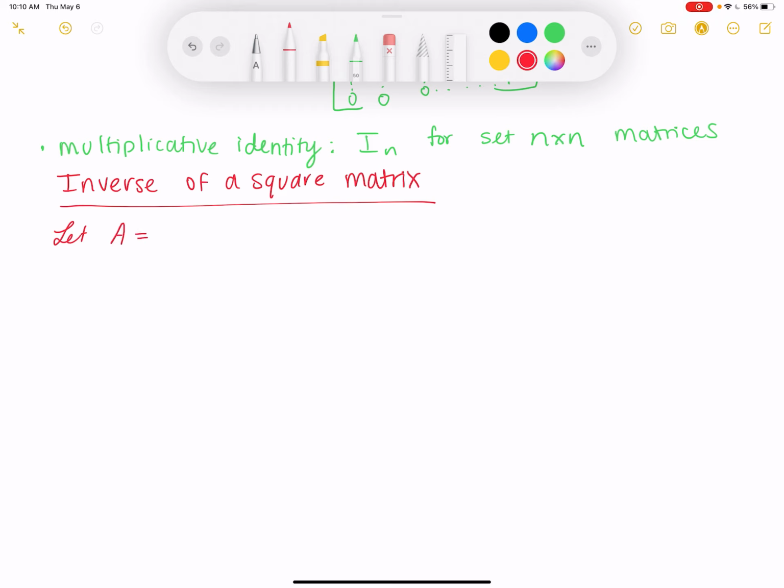All right. Let A equal A sub ij be an n by n matrix.